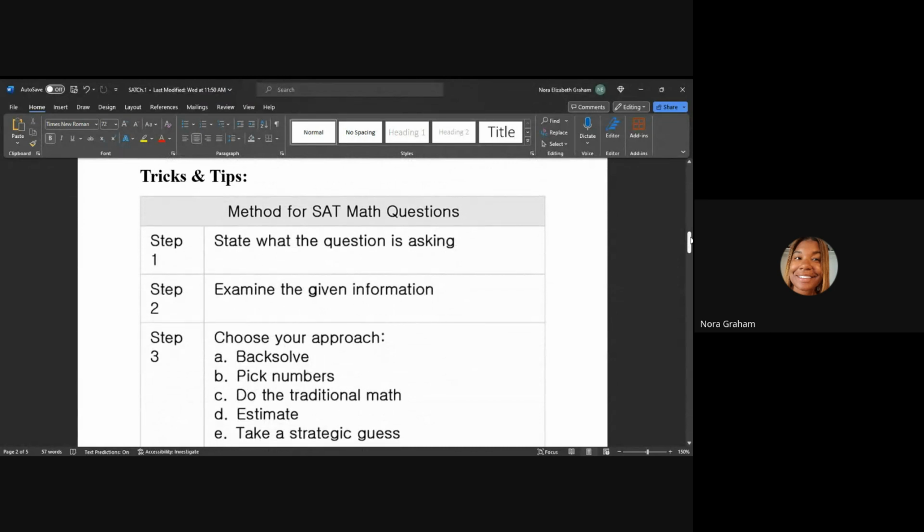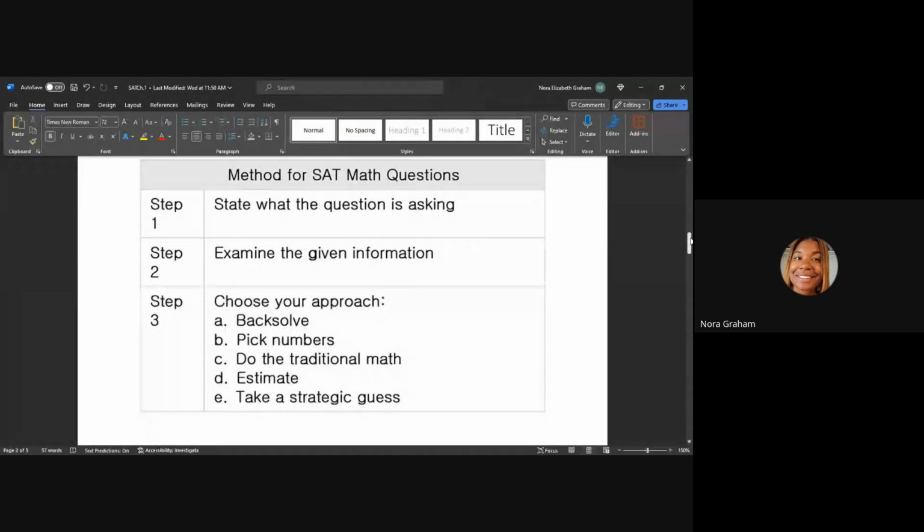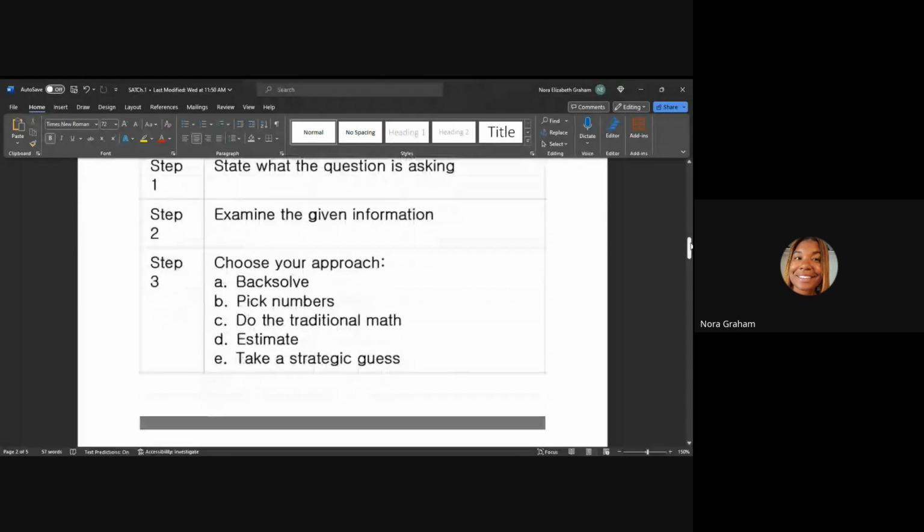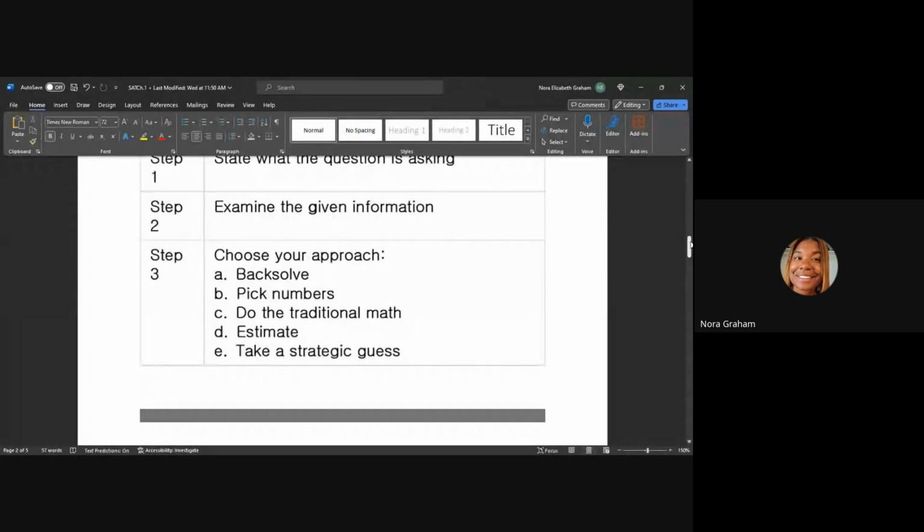So these are always good steps to take when you're taking the SAT: state your question and always box exactly what they're asking you. Use all the information and examine the information that they're giving you as well. And always choose your approach, okay? If you're not sure how to approach the problem, you can try to back solve with the answers they give you.